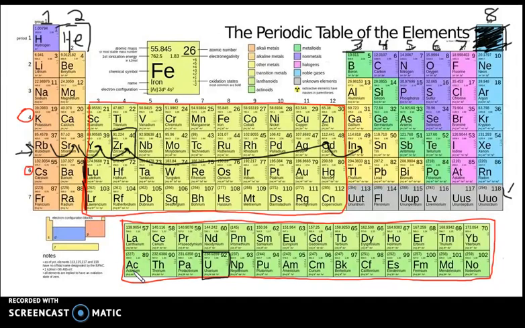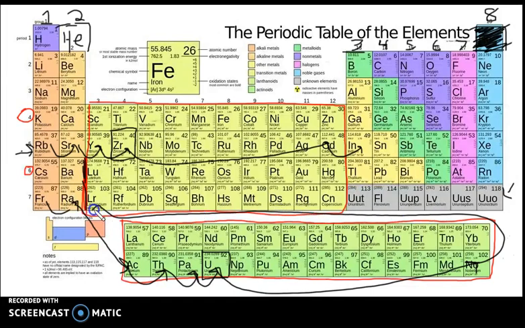So when you're in this 7th row, you go from 1 valence electron to 2. Then we skip down into this row. We still have 2, 2, 2, and 2. You keep going all the way across here, and then from there it loops back around and goes all the way across. Those all still have 2, and then you come over here, and now this is when you get your third.